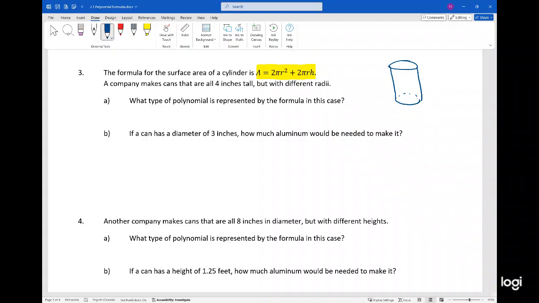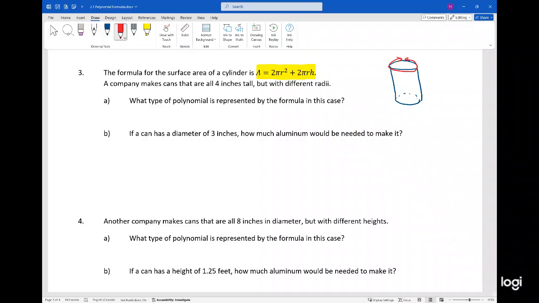And then the 2 pi r h, 2 pi r is the circumference of the circle. So that basically the distance around the outside is 2 pi r. And then the height is h. And if we actually cut this cylinder, like if you think about this like a toilet paper roll, if we cut it down the side and then stretch it out, we get a rectangle, and its width would be 2 pi r and its height would be h. So that's where the 2 pi r h comes from.